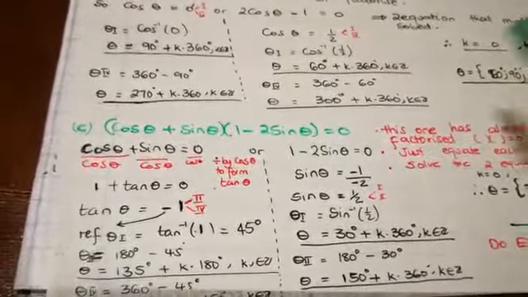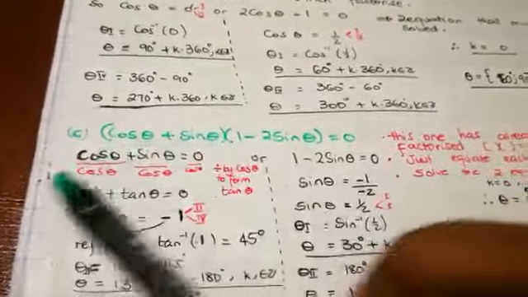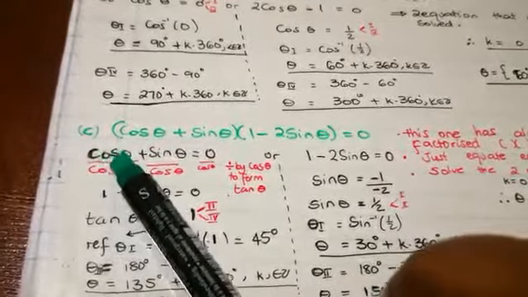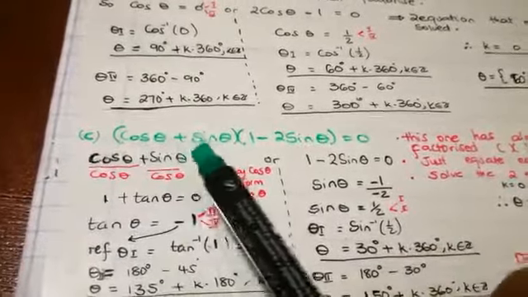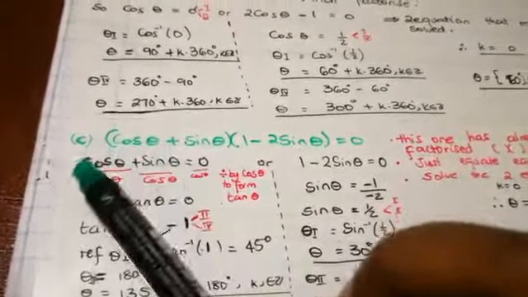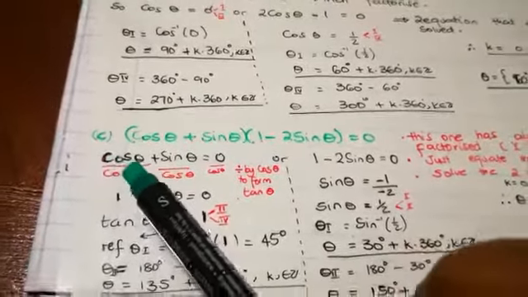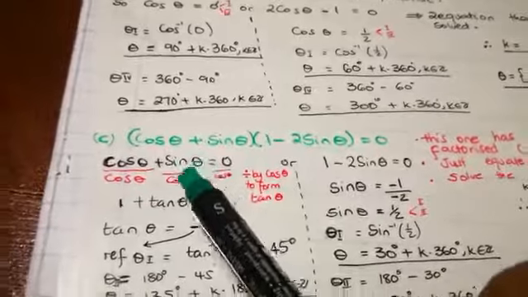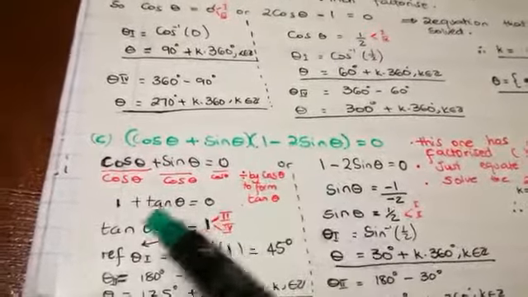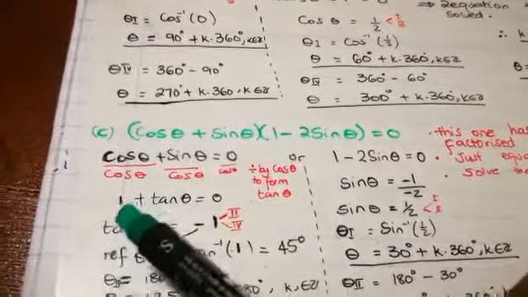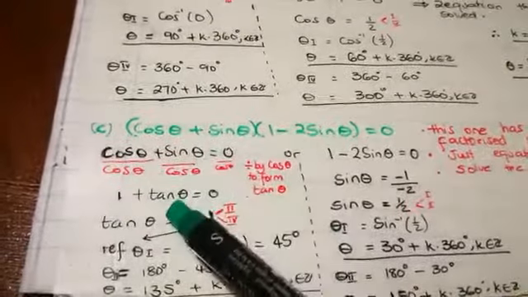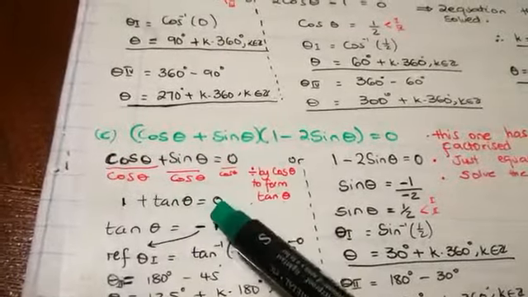When you check this side, this one has sine theta and cos theta. Because we've got sine and cos, we have to divide by cos so that we form tan. That's what I have written here. So cos divided by cos is 1, sine over cos is tan, 0 over cos is 0.